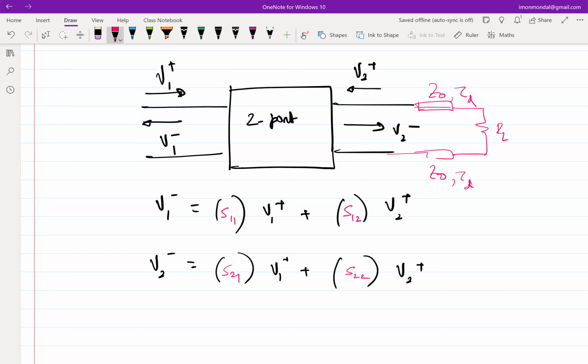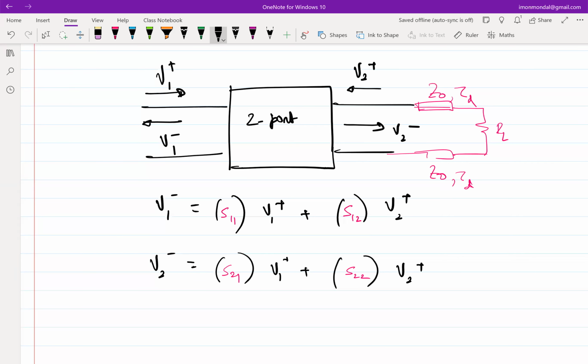So now from the perspective of this 2-port we want to characterize, okay, if we want to characterize this 2-port, effectively, what do I need to ensure at the output side?